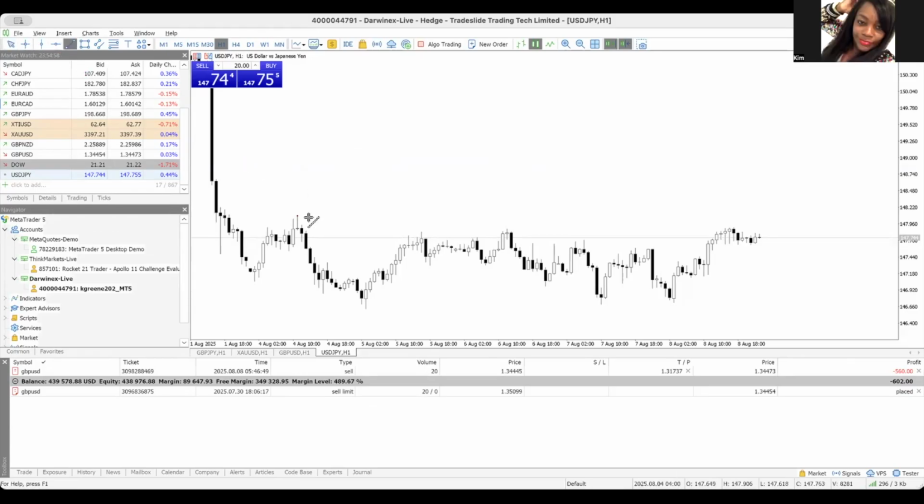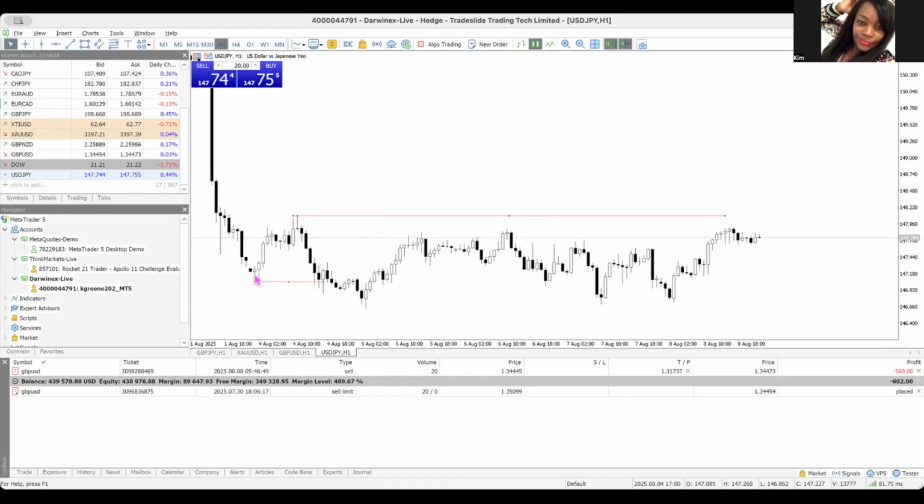So with that being said, why is this not working? Okay, there we go. I would mark up, this is my swing high. Now I don't think you can set alerts on here. I've never set alerts on here.